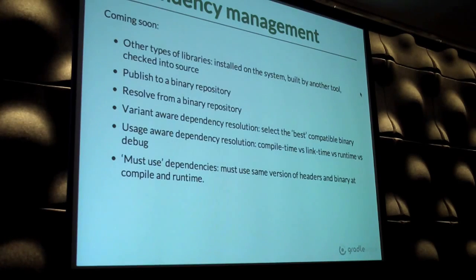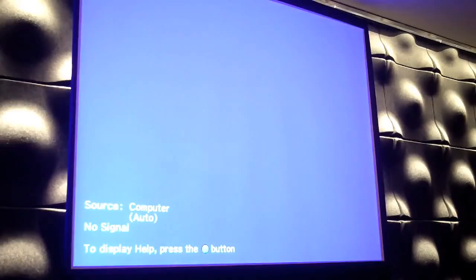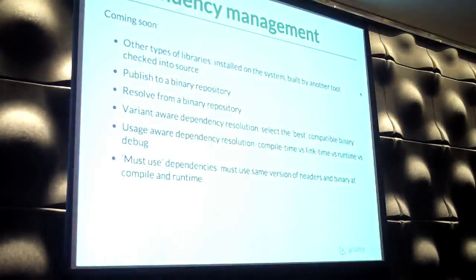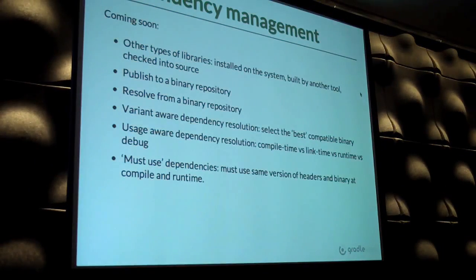So we need this idea that the same dependency can resolve to different sets of files at different points in the life cycle of the build, based on how you're using the thing. Again, we don't want to bake that concept deep into dependency management. We don't want it to know about headers and link files and debug files. We want the domain-specific plugins to be able to describe that to dependency resolution.